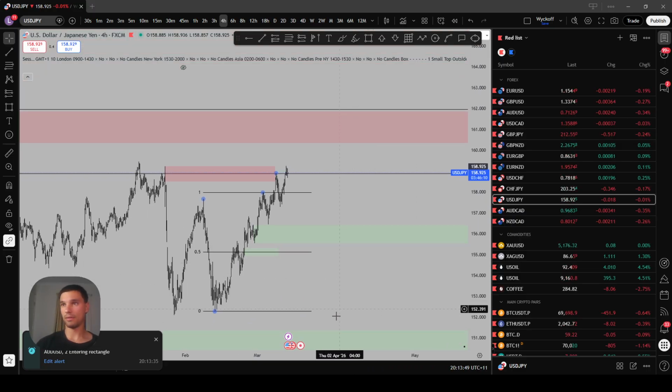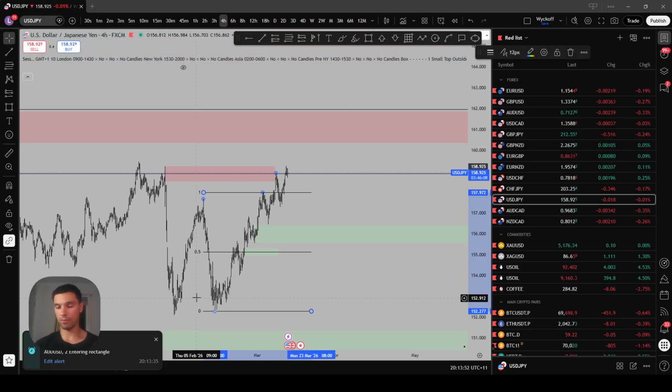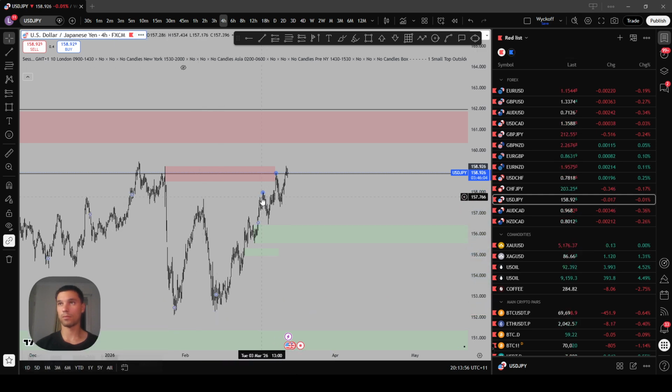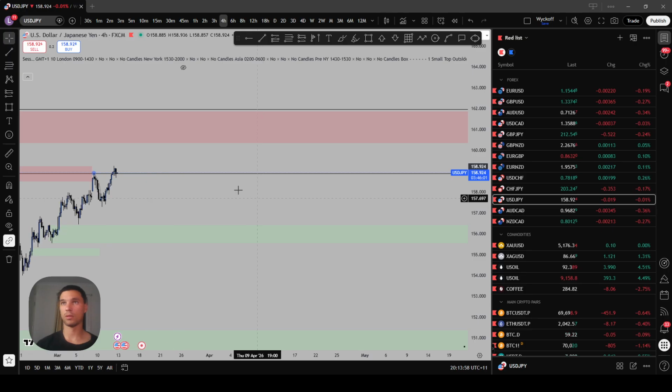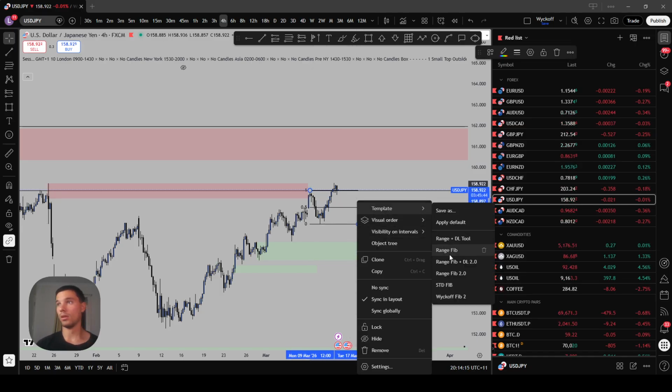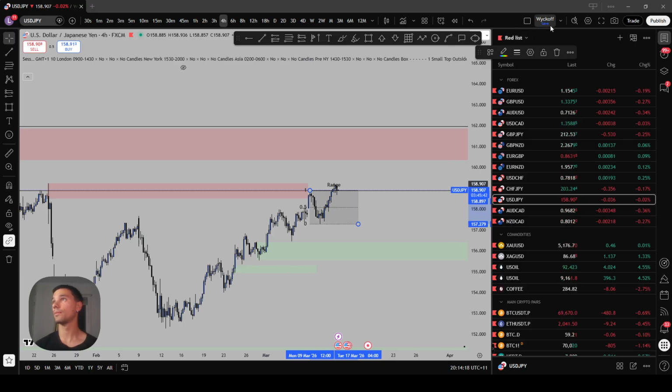Yeah, this is kind of invalidated at the moment. If anything, maybe here we get some form of local range, which is still on a fairly high time frame in the 4 hour. But yeah, we'll monitor that for now.